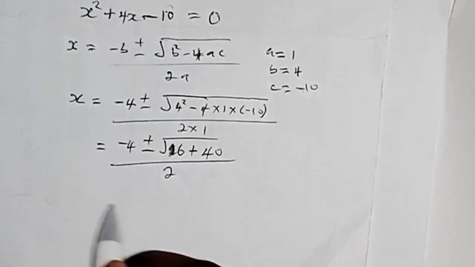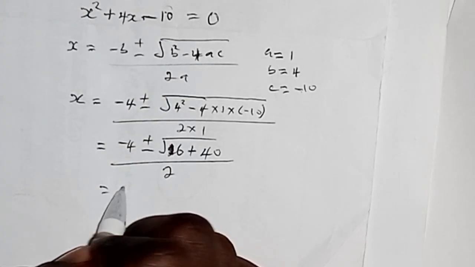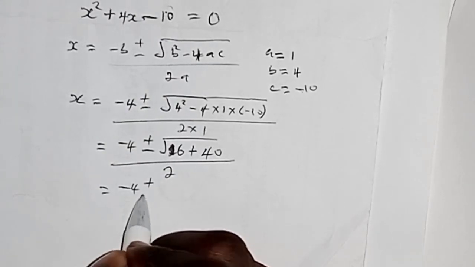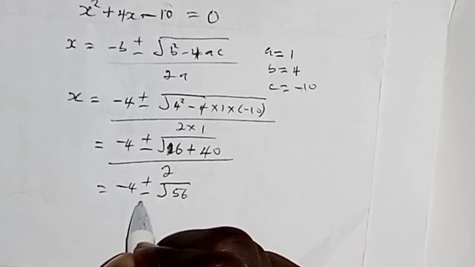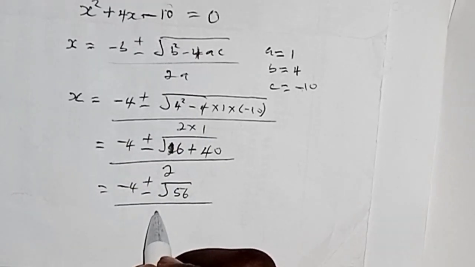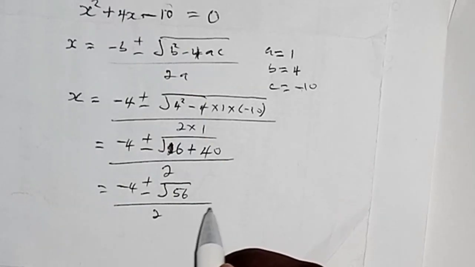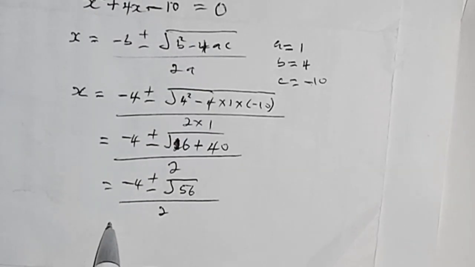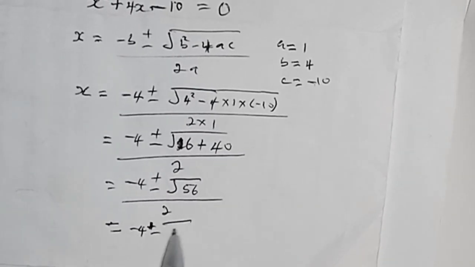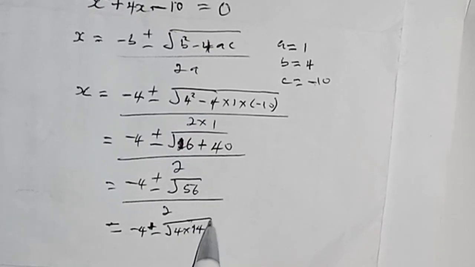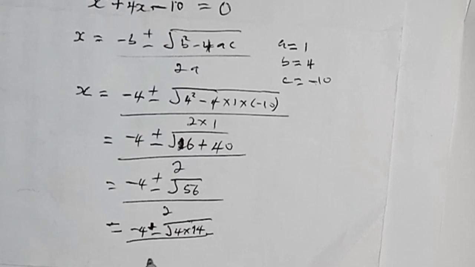Then if we simplify further, this is equal to minus 4 plus or minus root 56, divided by 2. We can also simplify further to have that this is equal to minus 4 plus or minus root of 4 times 14, divided by 2.